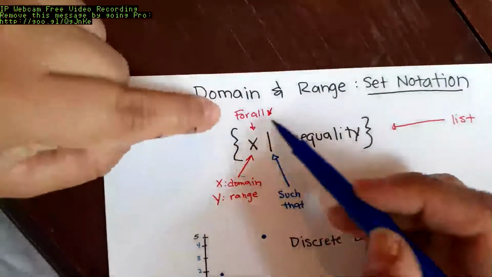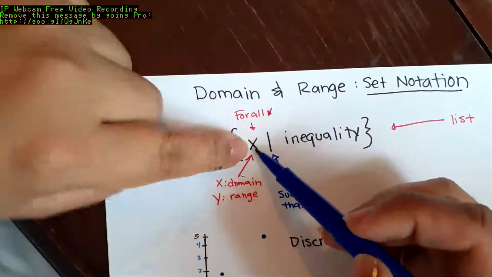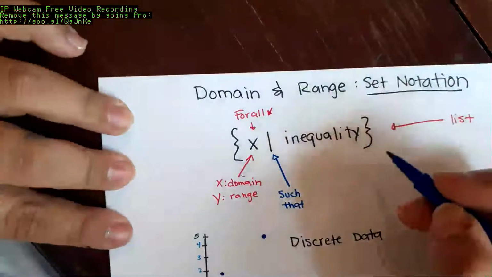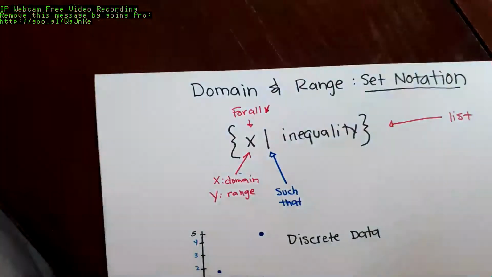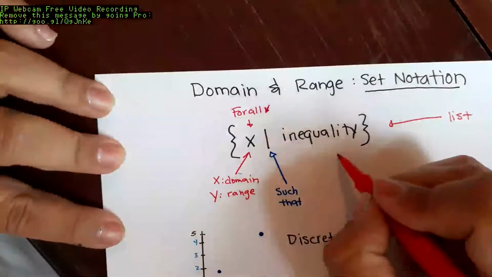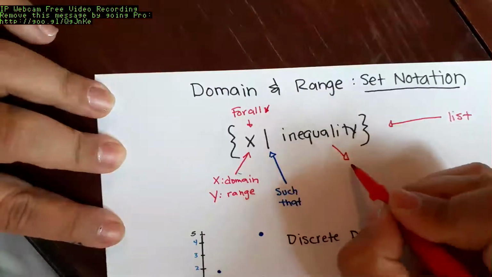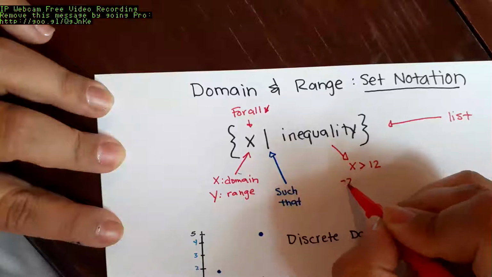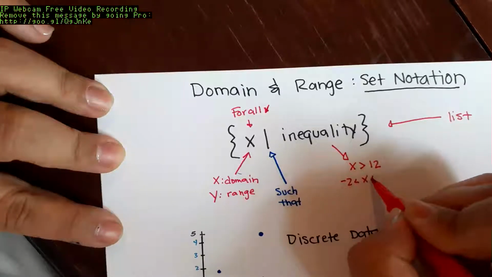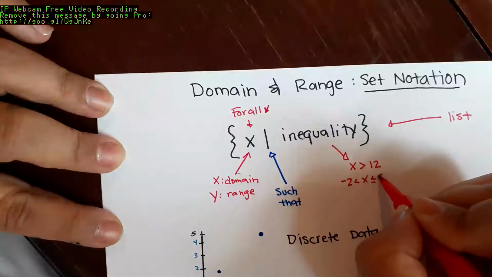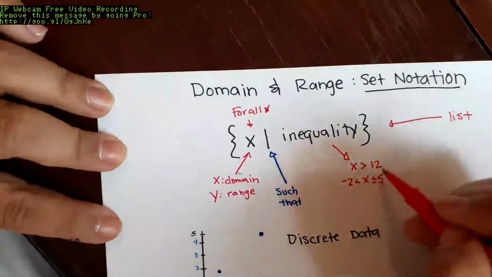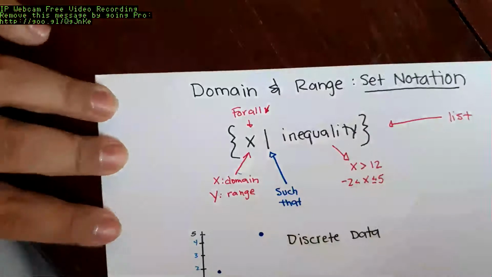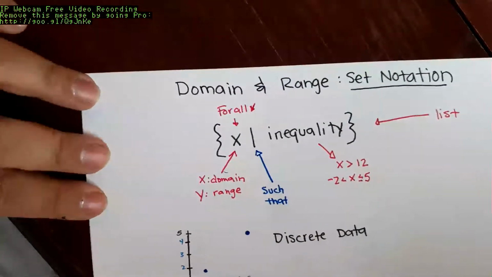So far we have "for all x, such that," and then some kind of inequality, like x greater than 12 or negative 2 less than x less than or equal to 5. That kind of inequality is what's going to be in here, depending on what your graph is telling you.